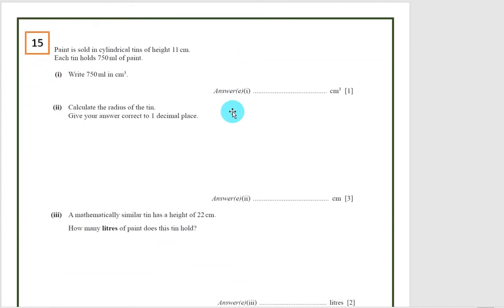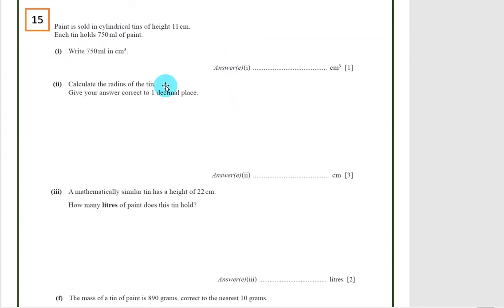Let us see another question. Paint is sold in cylindrical tins of height 11 centimeter. Each tin holds 750 milliliter of paint. Write 750 milliliter in centimeter cube.